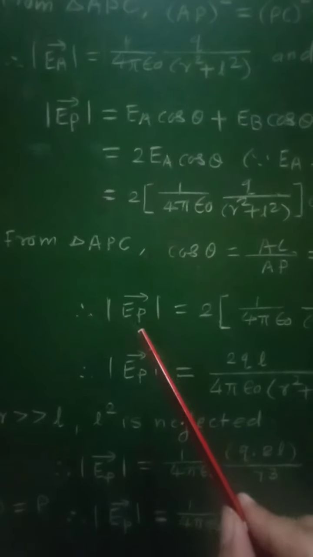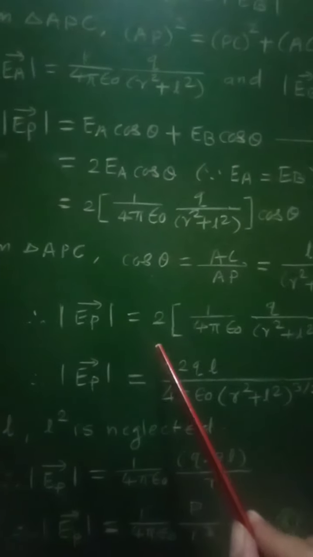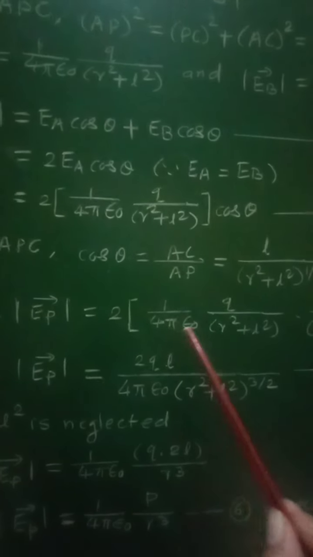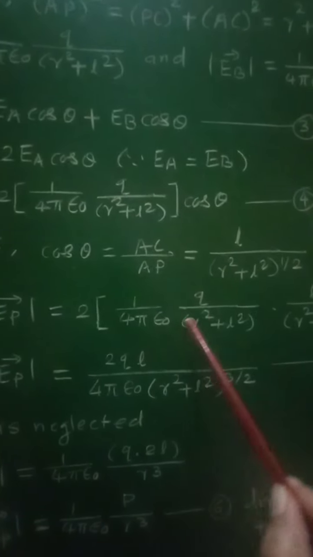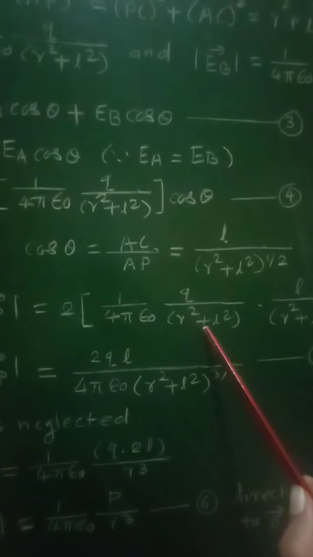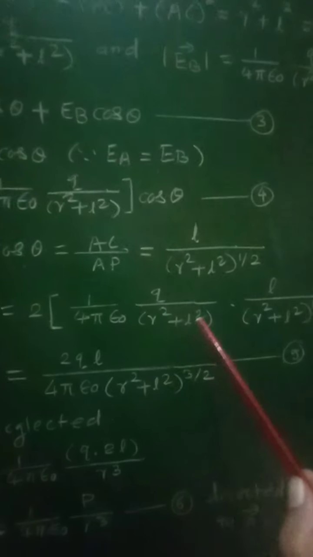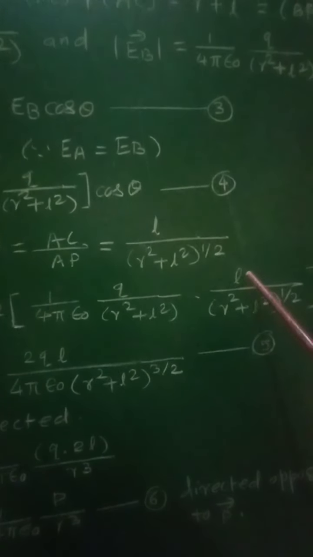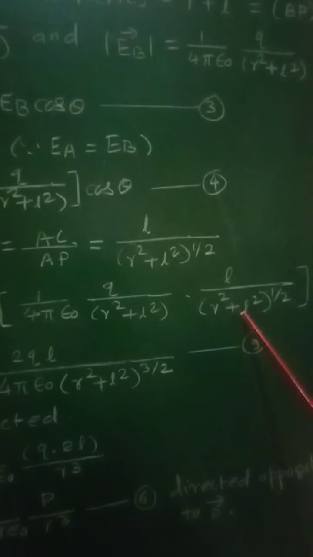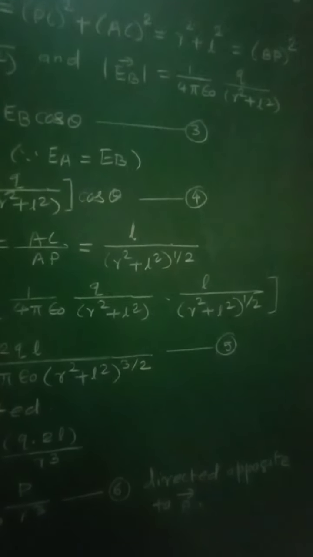Therefore the magnitude of EP will be equal to 2 into 1 upon 4 pi epsilon 0 q upon R square plus L square. This is the value of EP, that is EA or EB, and into 1 upon R square plus L square raised to half. This is the value of cos theta.